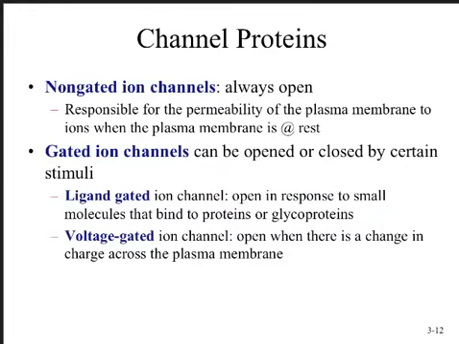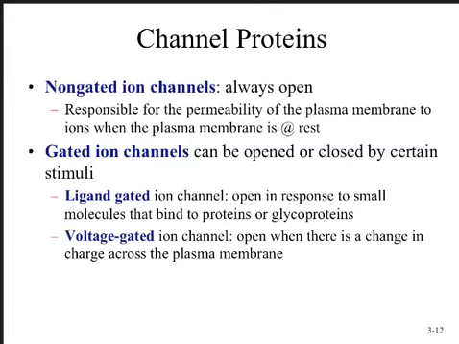Non-gated ion channels are always open, and as you can guess from the name, what they are doorways for ions to move in or out of the cell. They're responsible for the permeability of the plasma membrane to ions, even when the membrane is theoretically at rest. While gated ion channels are open or shut depending on conditions within the cell membrane at that particular point in time. A ligand-gated channel will open up depending on whether or not it has bound its ligand.